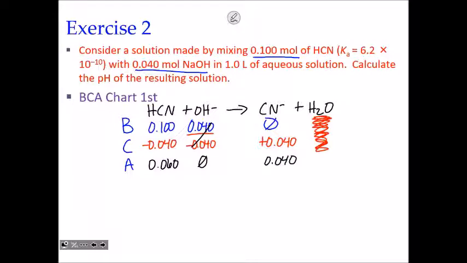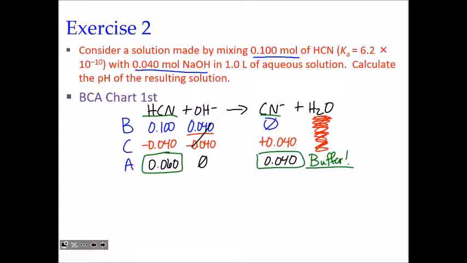So we figured out, yes, we have our conjugate base, we have our acid in solution, both of them are present. This is a buffer, and we need to treat it as such.